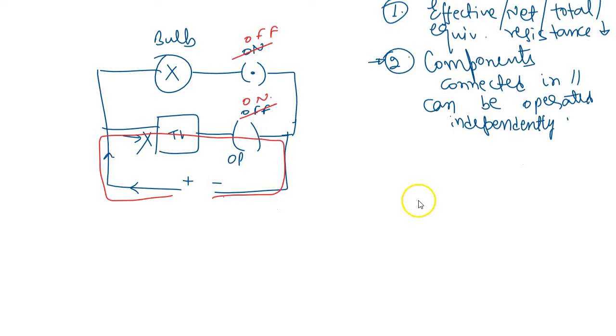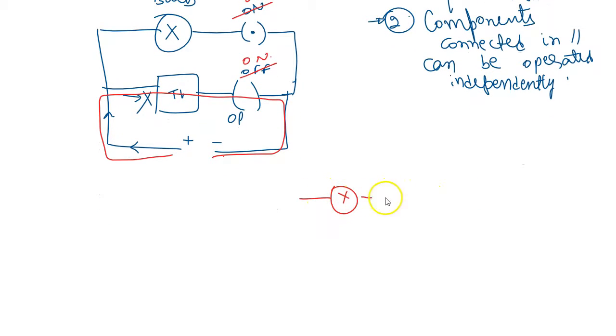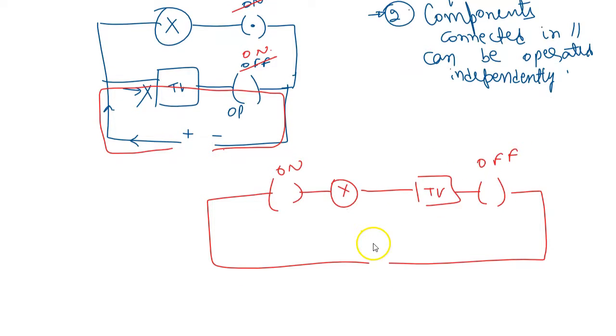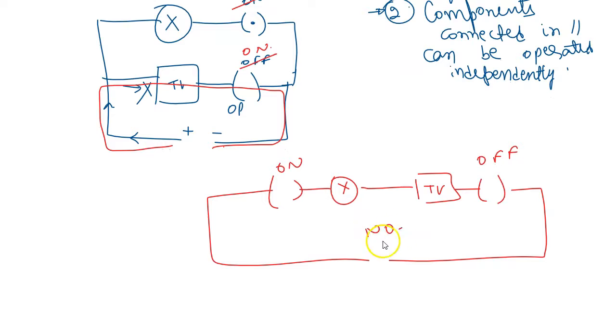But on the other hand, let's see here, this is the bulb and this is a TV. Let us say both of them have switches, and now one switch is on, another is off. Will either of the devices work? The answer is no, because the current requires a closed path.